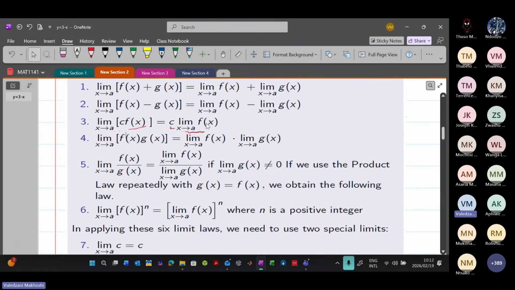I think it's natural that if you have a quotient of two functions like this, the limit of this quotient is the same thing as finding the limit of f of x, then you divide by the limit of g of x as x approaches A. And of course, we make sure that the limit of g of x as x approaches A is not equal to 0.